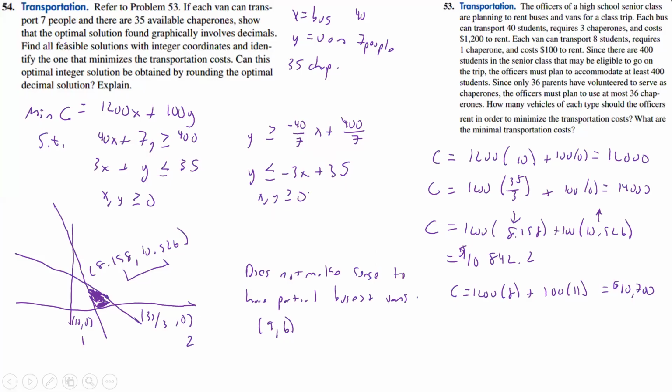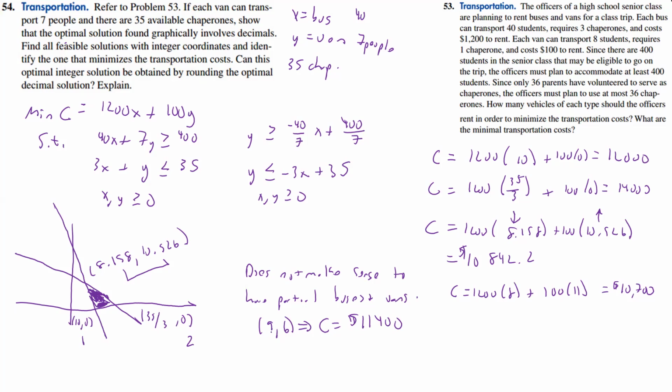Now what would that be? That would be 1200 times 9 plus 600. So that's going to give us 11,400. So that's going to give us a cost equals 11,400. And how many students will be able to go with that?